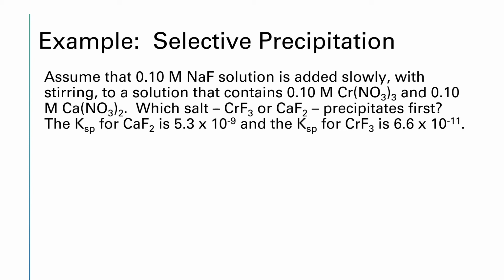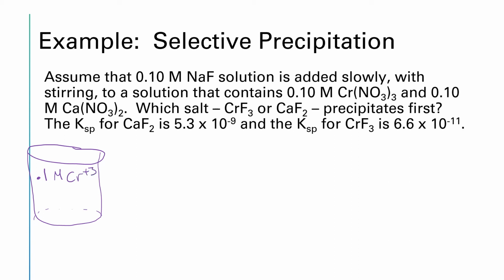So here's where the picture really helps me to figure out what is going on. We're going to have a beaker here, and inside of this beaker, yeah, I know I'm not very good at drawing beakers, but hopefully you get the idea. We have inside of this beaker 0.1 molar chromium ions, right?